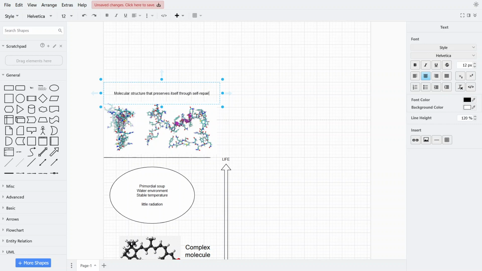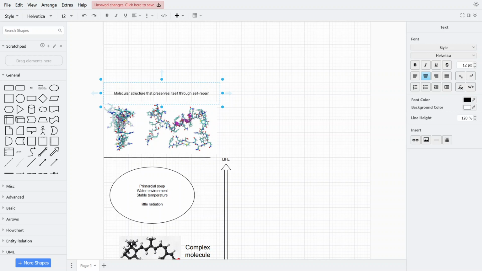Like you can fight infections, you can heal broken bones. But in the beginning, when you have very simple molecules, it's hard to have a complex self-repair system.